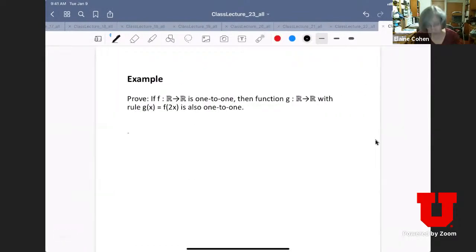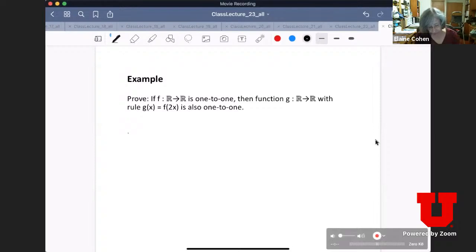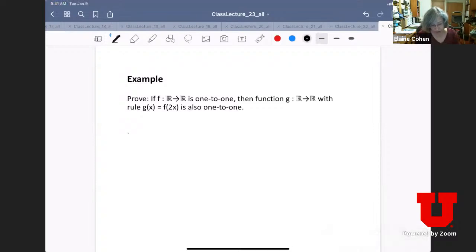So we have an example here. If f is one-to-one, then the function g with the rule g of x equals f of 2x is also one-to-one. So how would we start out that proof?